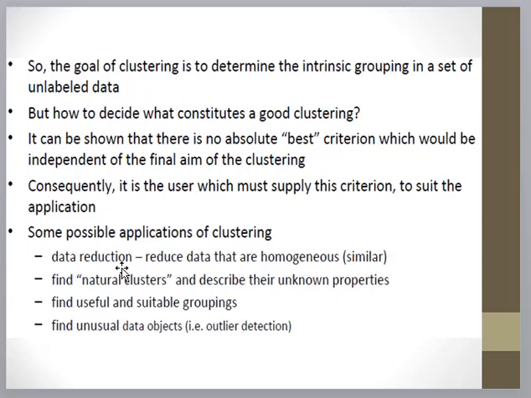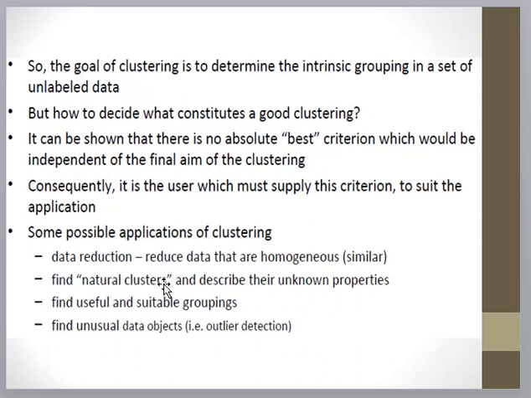For this purpose, we can use a data reduction technique based on a clustering algorithm, in which we reduce the size of the data that is homogeneous or similar to each other. So that can be one application of a clustering algorithm.